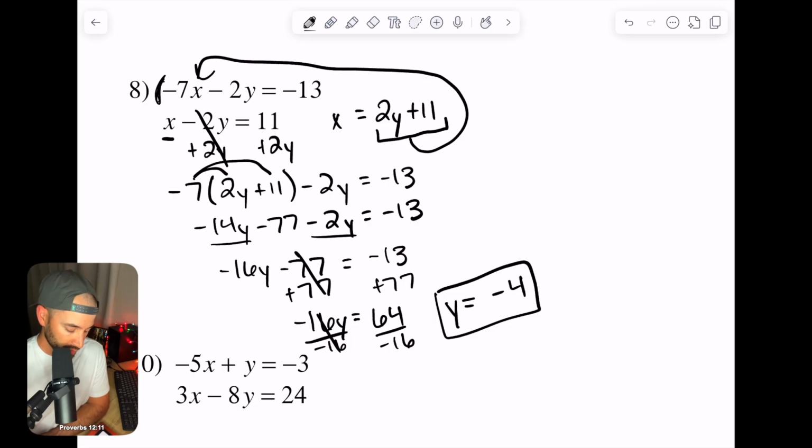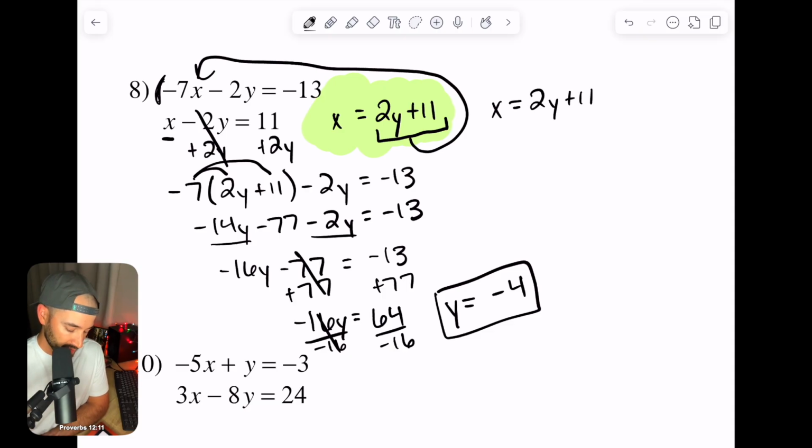And again, we're going to do the same thing to solve for the other variable. We're just going to take negative 4 and plug it in for y, and we're going to use this equation right here. You can actually use any of the equations, but we already have it set up to equal x, and so that's going to be the easiest. So I'm going to rewrite it. x equals 2y plus 11.